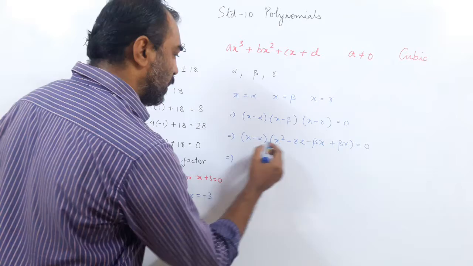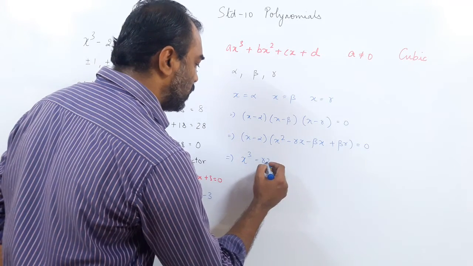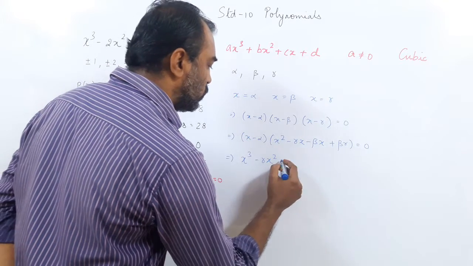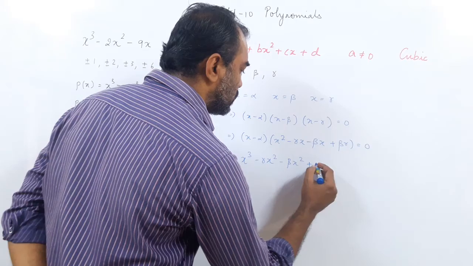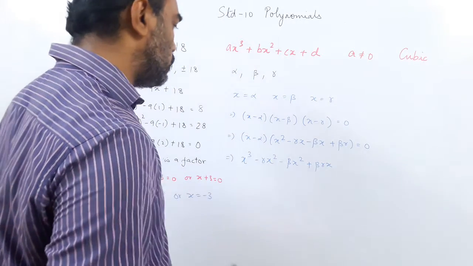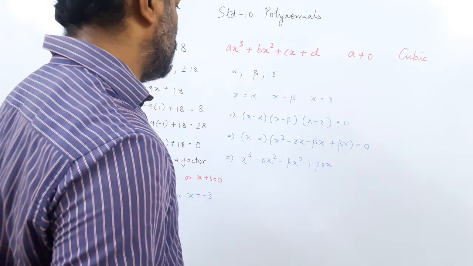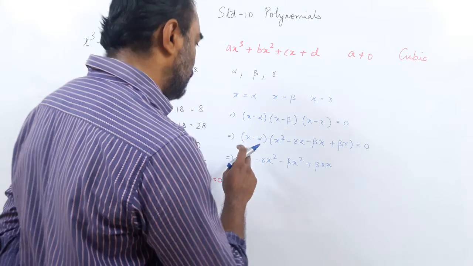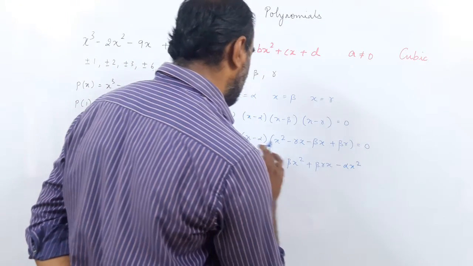Let us do it again. X into x square is x cube. X into this is alpha x square. X into this is minus beta x square. X into this is plus beta gamma x. Is it clear? Then minus alpha into x, so minus alpha x square.